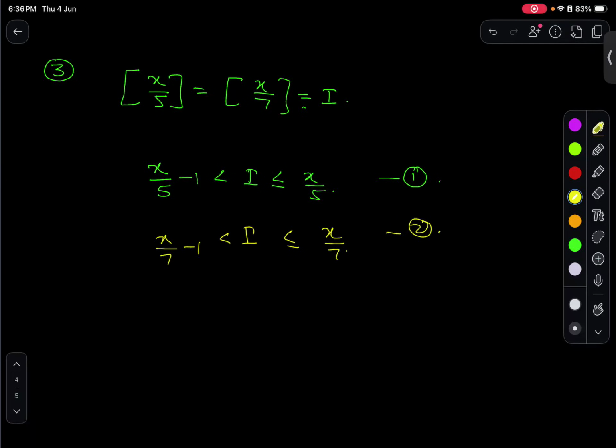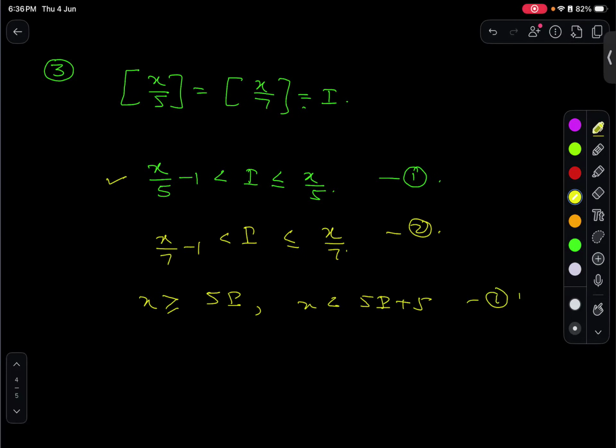So now we have to see where this value of x will lie. What is the value of x? From both of these, if I solve, from the first one, x is greater than or equal to 5y, and x is less than 5y plus 5.